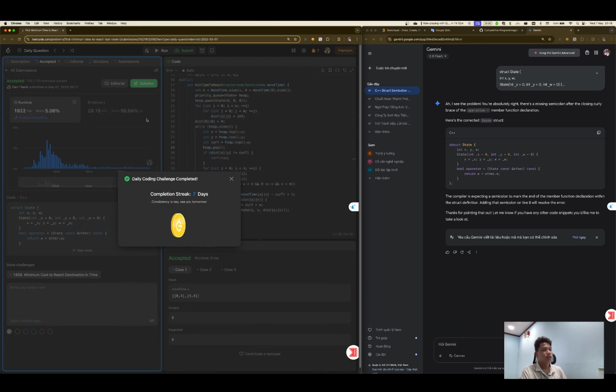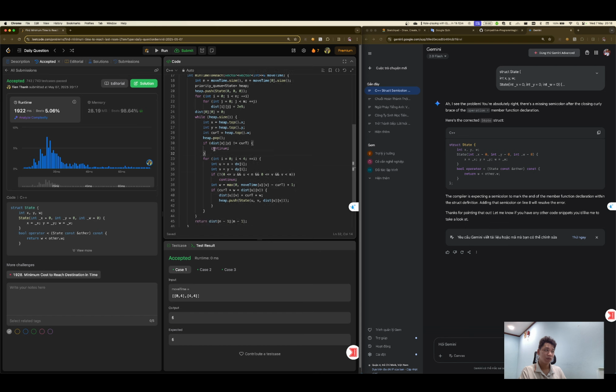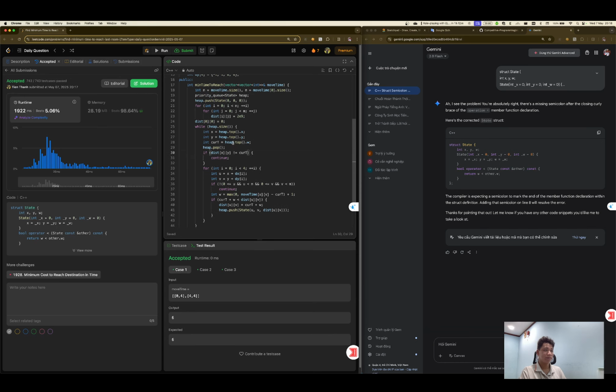Okay, oh, I can't believe this solution is too slow. Why is it too slow? It's calling too much, even though the time complexity is small.